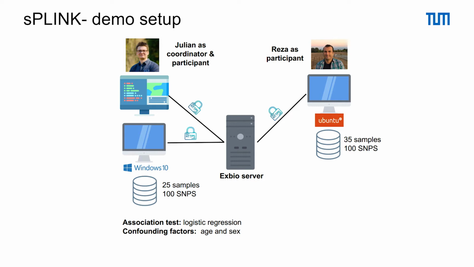Reza will be the other participant using Ubuntu Linux to run the other client. Reza and I host different splits of an example dataset containing 60 samples, 100 SNPs, as well as age and sex as confounding factors. I will use logistic regression as the association test in the demo.